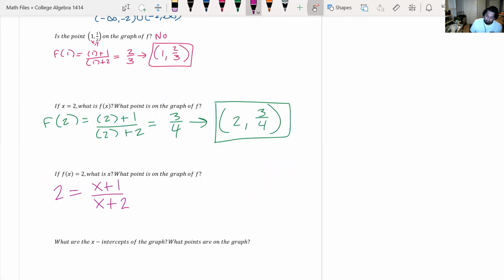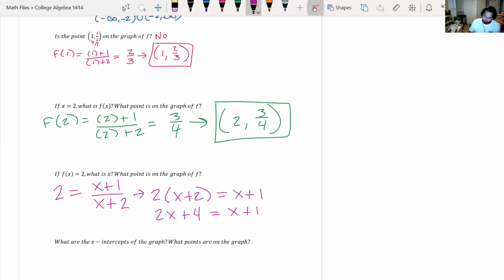Well, we know we can multiply both sides by x plus 2. So you get 2 times x plus 2 equal to x plus 1. Then you get 2x plus 4 equal to x plus 1.